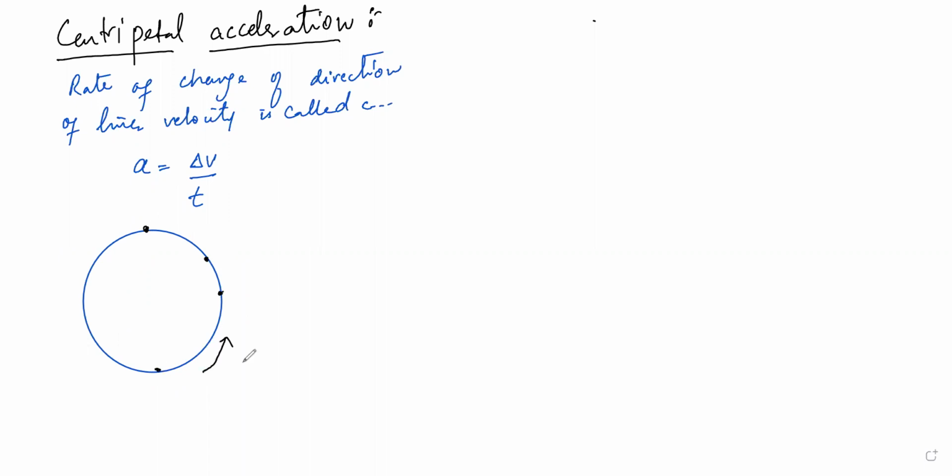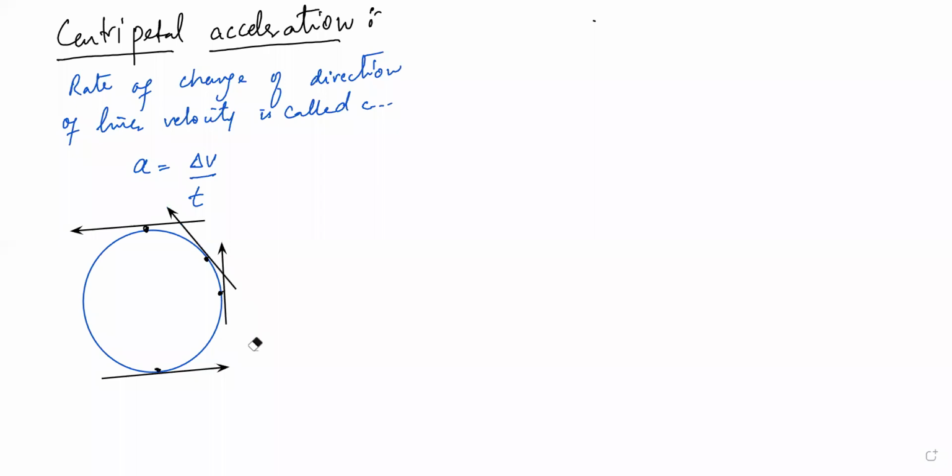So we know that its direction of velocity is continuously changing. At every point, its velocity is changing. And this change in direction of velocity is causing acceleration, because whenever velocity changes, acceleration is there.